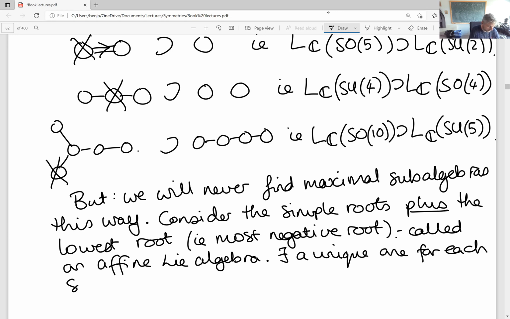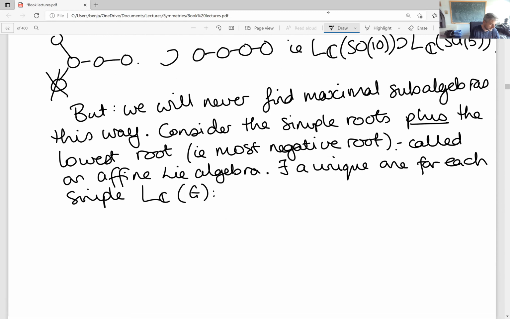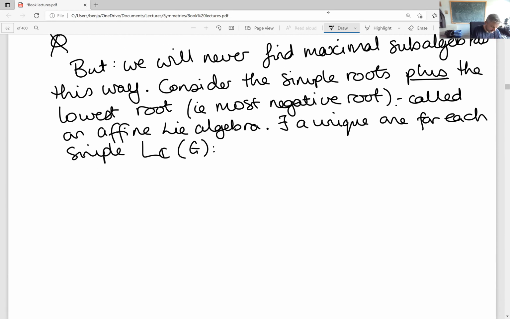So for each simple Lie algebra that we had in our table, I'm going to denote them in the maths notation now with a prime. Remember, we usually have n roots, but we add an extra root, and the extra root comes above and is connected to the ends.